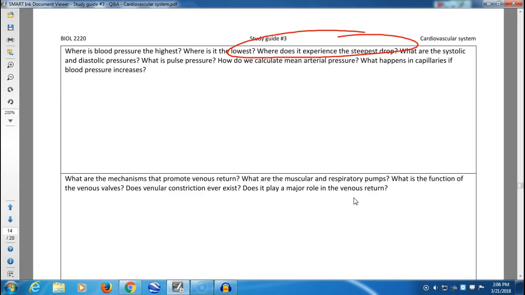Diastolic is when it relaxes. Pulse pressure is the difference. Okay? How do we calculate mean arterial pressure? Diastolic plus 1/3 of the pulse pressure. Okay? Blood pressure in capillaries, let's skip this for now. We'll get back to this.